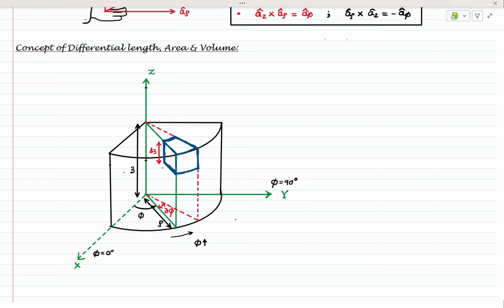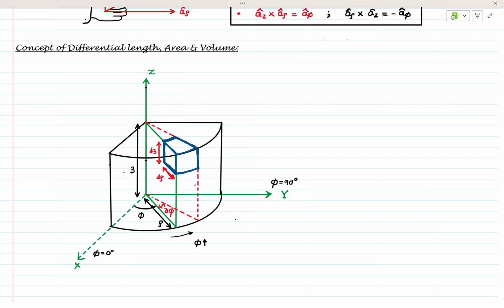Now what will be this length? Look carefully. This length is also very simple. This length is a small portion of this total rho. As it is a small portion of rho, I can write it as d rho.